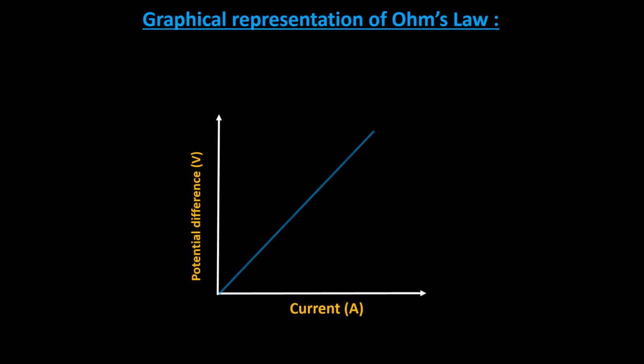Now the next topic is the graphical representation of Ohm's law. For a particular resistor, if we vary the potential difference across its ends, then for each value of potential difference, we get a different value of current. If we plot the potential difference and the current in a graph, then we get a straight line.